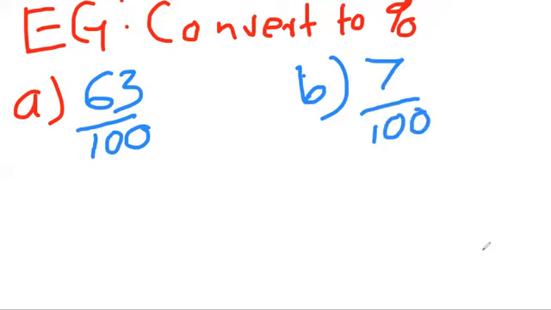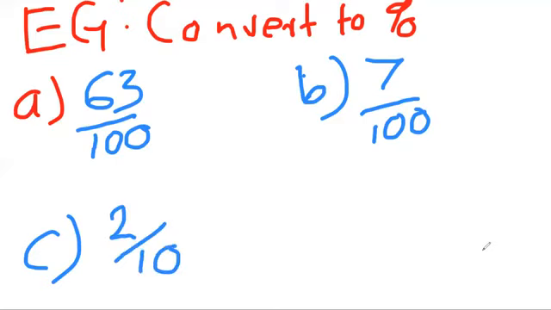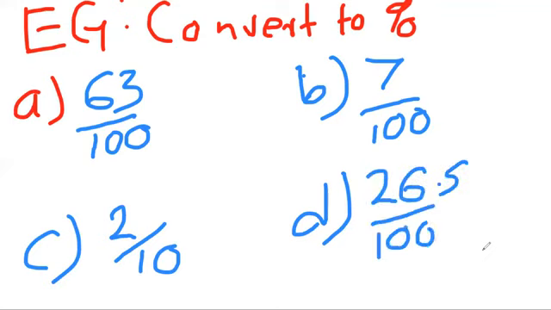Then C, I'd want you to convert 2 out of 10. Then D, take this number, 26.5 out of 100, to percentage. Okay, let us start.